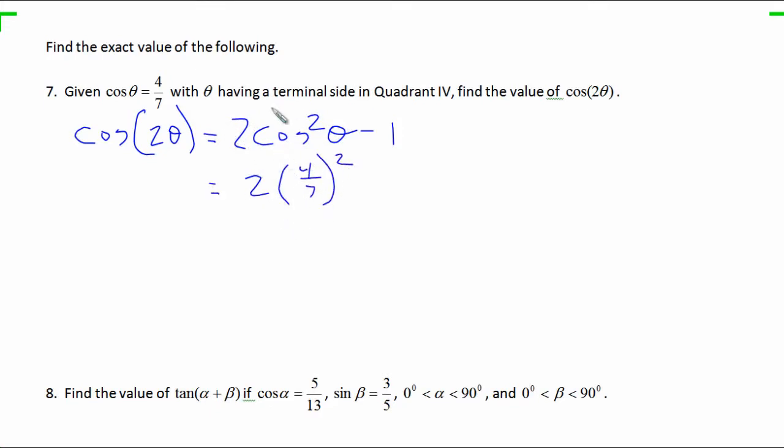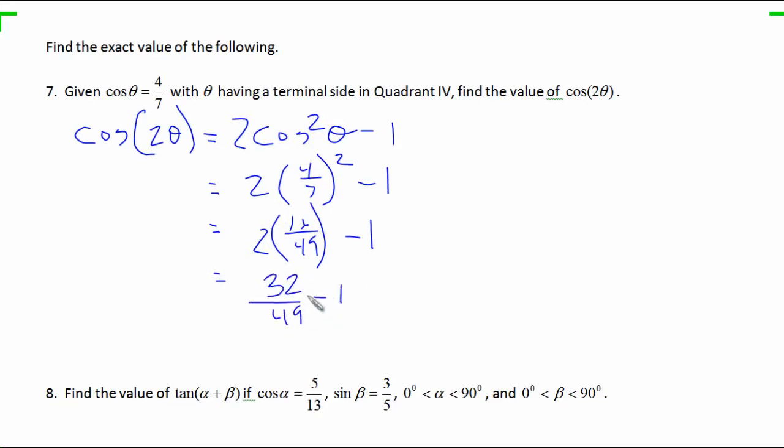So there we are, 2 times cosine theta, which is 4 over 7, squared, and then subtract 1. This becomes 2, square this first. 4 squared is 16 over 49. Double this here, so I get 32 over 49.